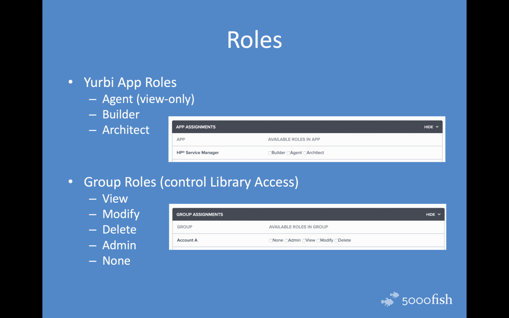From a role-based permission on the apps, you've got the view-only permission, you've got the ability for people to build from that data source, and then you've got the ability for people to be the architect, to get into the actual database schema level to look at the raw tables and the raw fields. So that's the third level of security: what role do they have to your particular data source?